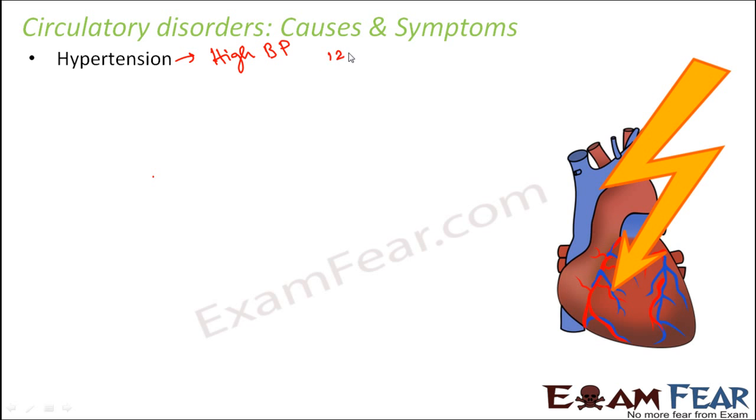But otherwise normally the normal blood pressure is taken as 120/80. So if the blood pressure is more than this, the patient is said to suffer from hypertension or high blood pressure. Now what happens if the pressure is high? In this case, this pressure actually denotes the pressure exerted by the blood on the walls of the blood vessels.